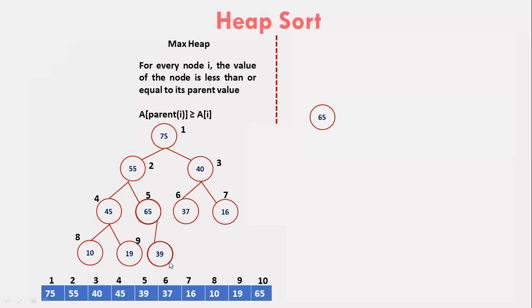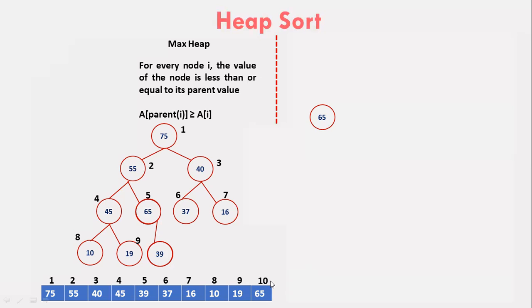Here we need to understand that we are not going to write these algorithms or code for drawing the trees. That is only for representing it. We write the code to place this 65 and 39 in correct positions in the array. So in the program, how can we do this? See, 65 is at index position 10.